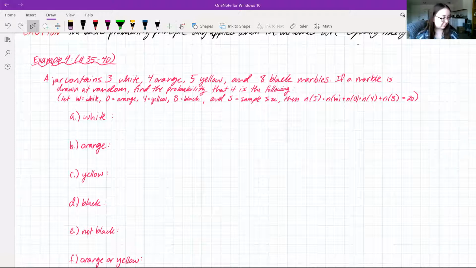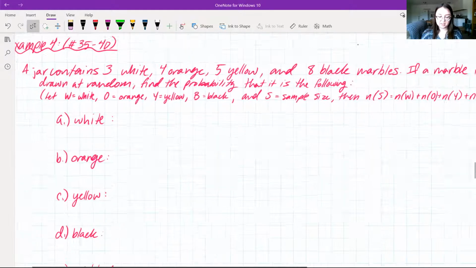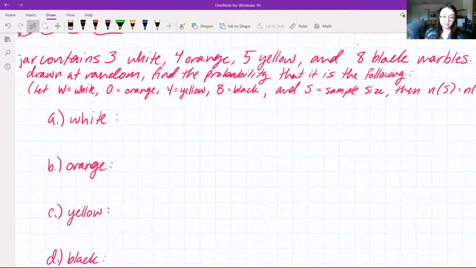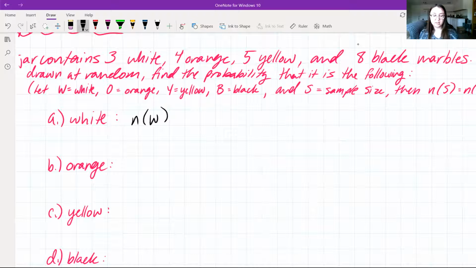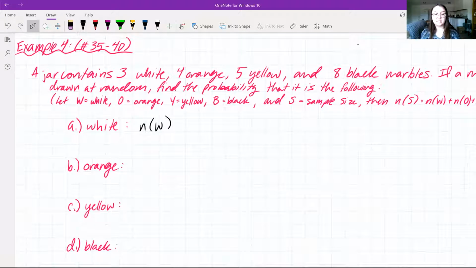All right, starting with our first value. We want to find N of W, and we know that our jar contains 3 white marbles, so N of W is going to equal 3.